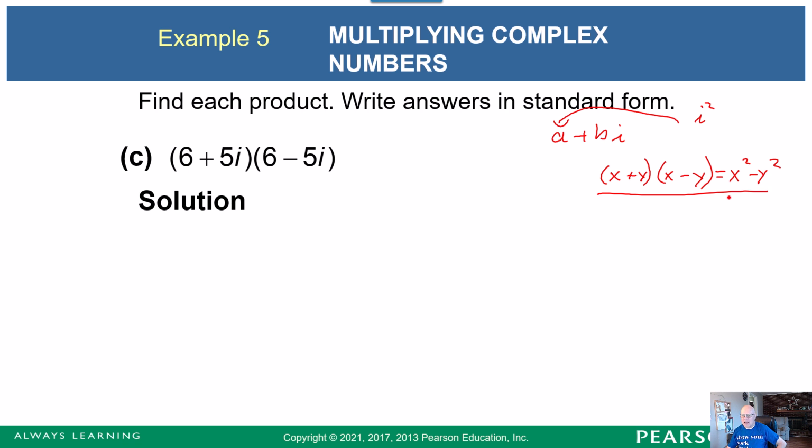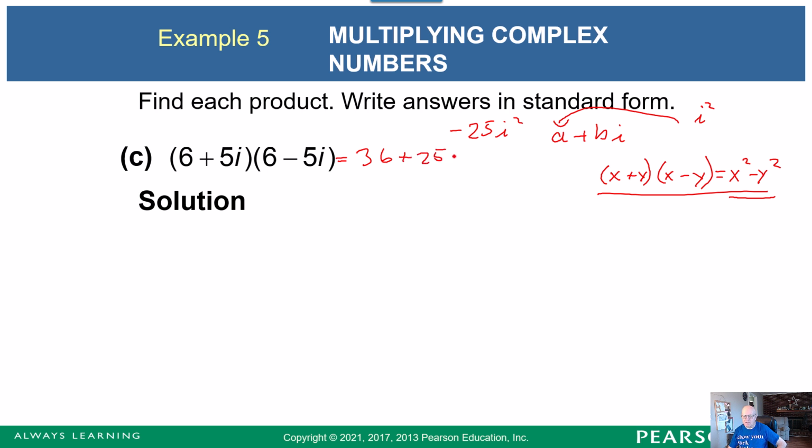So what we should get is a difference of squares. So we'll square the first one, that's 36. And for the next one, it's minus y squared. What's minus y squared? 25i squared, the minus, right? This is a negative 1, so that turns the 25 into a plus 25.